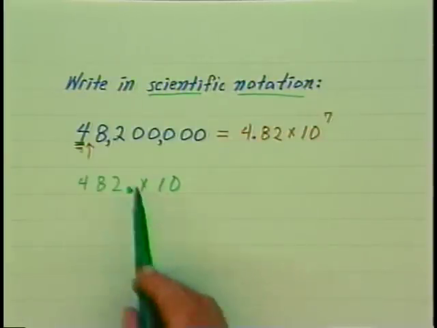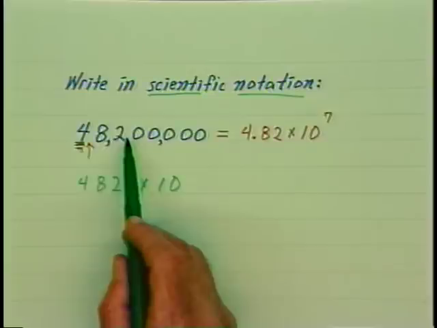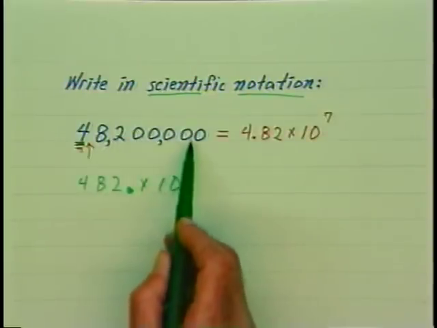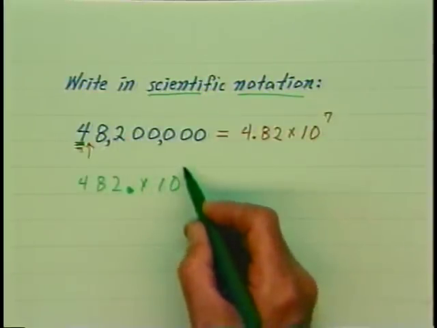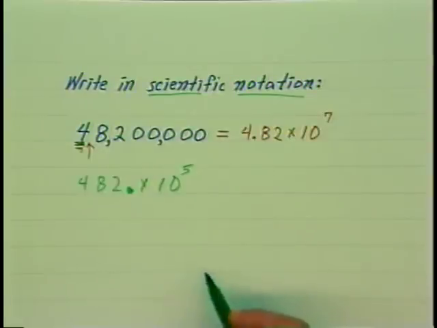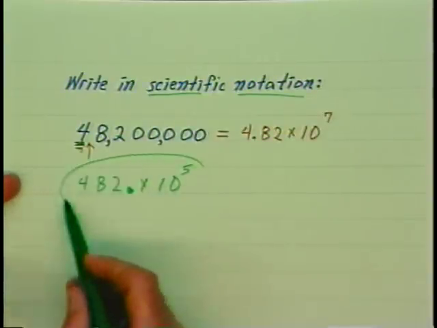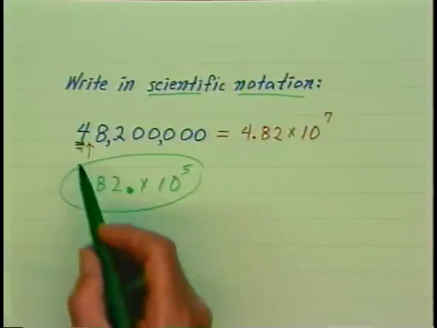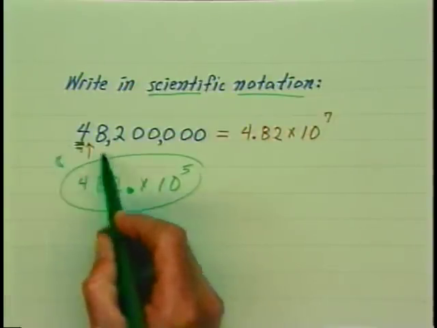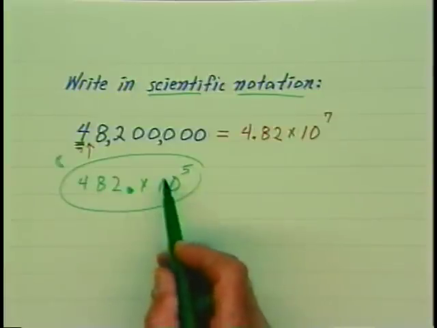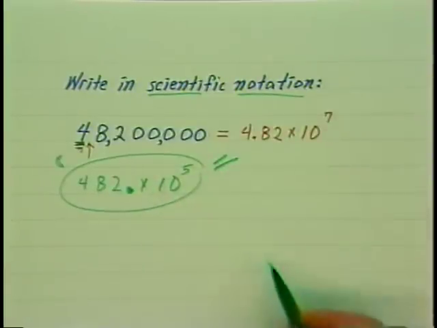And their reasoning would be, gee, if it were here, I'd have to make it larger by 1, 2, 3, 4, 5. So they say this. Now it's important to notice that this is a correct equivalent to this. This is really equal to this, and this is equal to this.